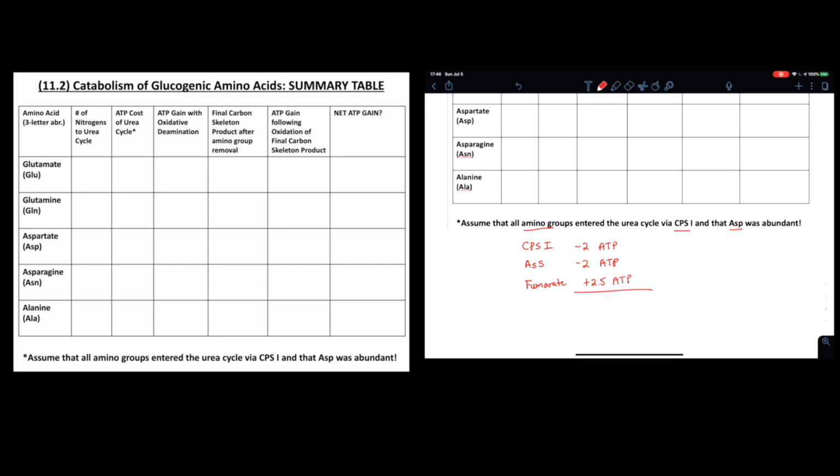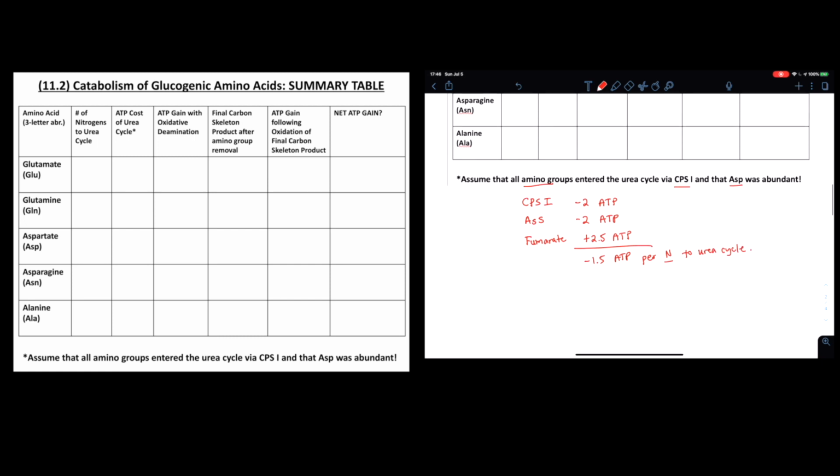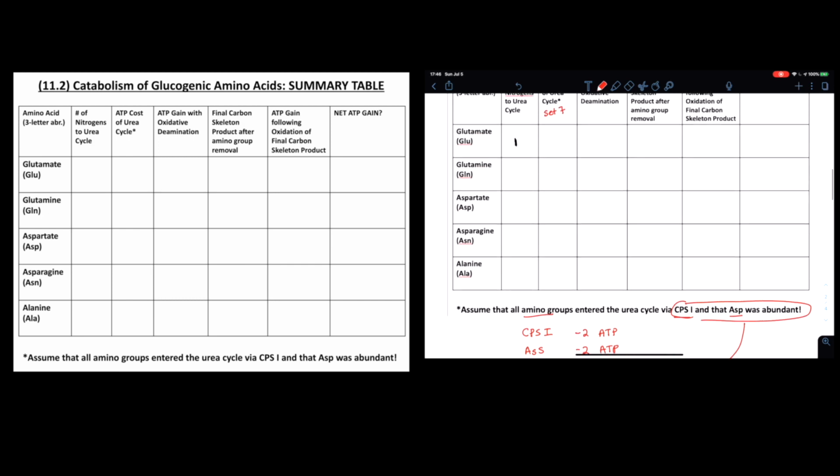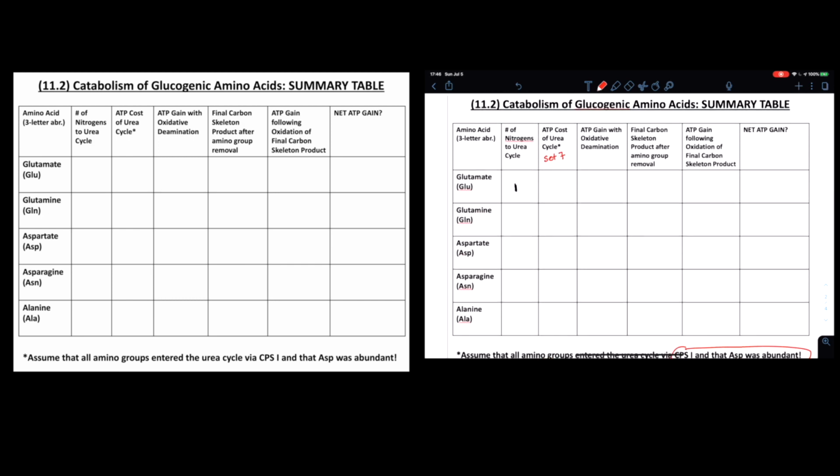So in total, this is going to give us minus 1.5 ATP per nitrogen to the urea cycle. Okay, and once again, this is assuming that CPS1 and aspartate are abundant, okay? So let's just write this down here, okay? So if we have 1 nitrogen going to the urea cycle from glutamate, the cost of the ATP in the urea cycle is going to be minus 1.5.